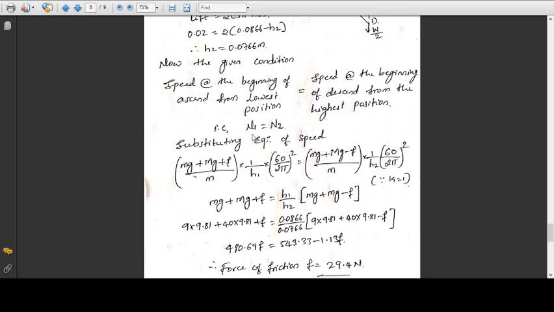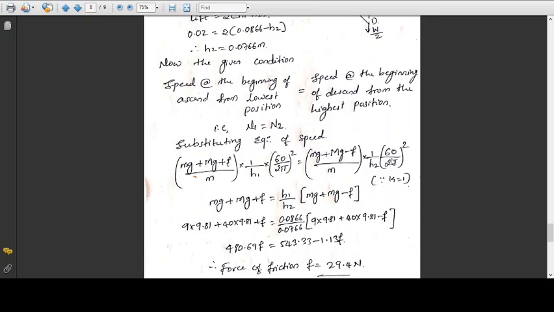We know the equation for N1 and N2 by considering the frictional force. So substituting those equations, that is (mg plus F), here we are having F with the positive sign, divided by m into 1 divided by h1 into (60 divided by 2 pi) whole square, which is equal to (mg plus mg minus F) divided by m into 1 divided by h2 into (60 divided by 2 pi) whole square.